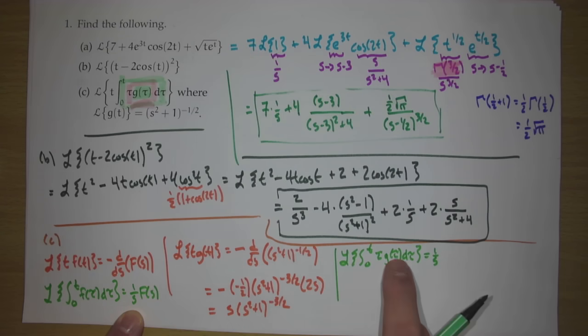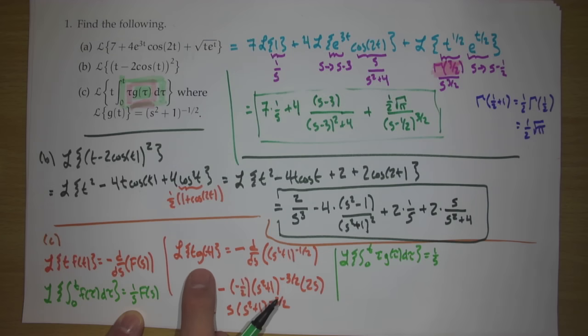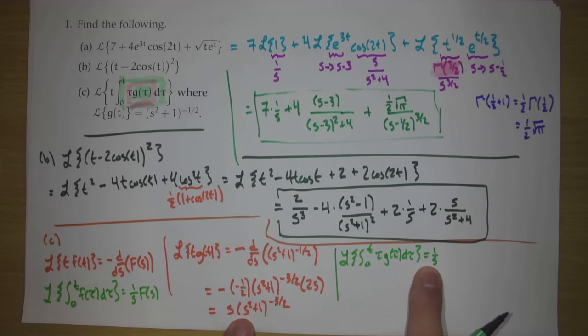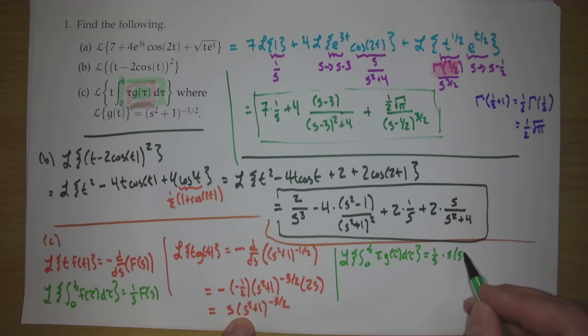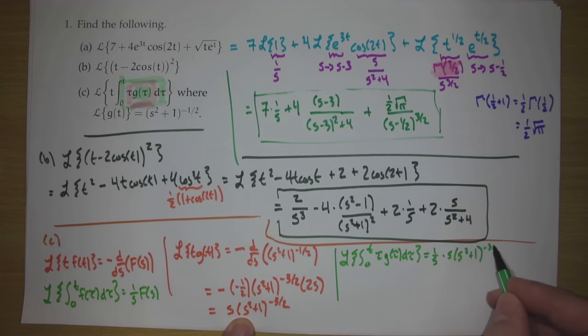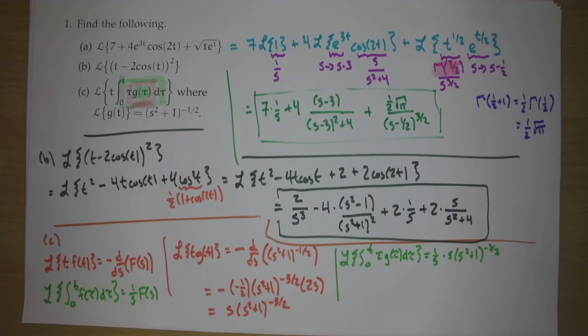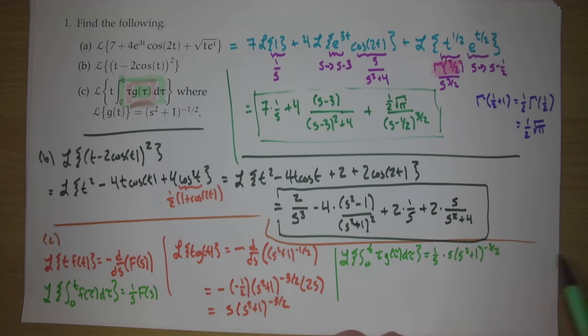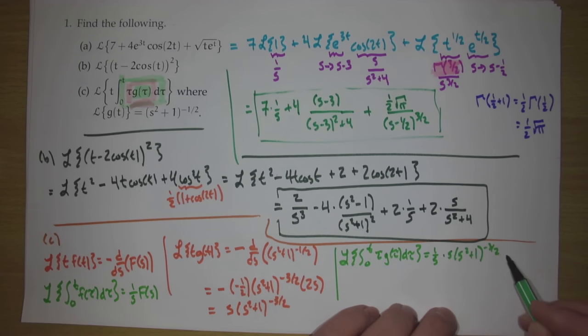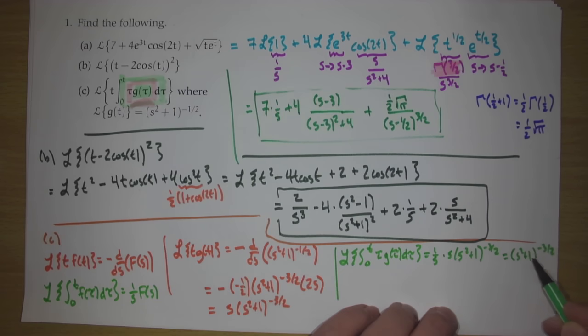In our case, the inside is this function, tau g of tau, or really t g of t. So we're going to take this 1 over s and multiply it by what we just found, s times s squared plus 1 to the minus 3/2. Does anything simplify? Yeah, the s's cancel. So this becomes s squared plus 1 to the minus 3/2.